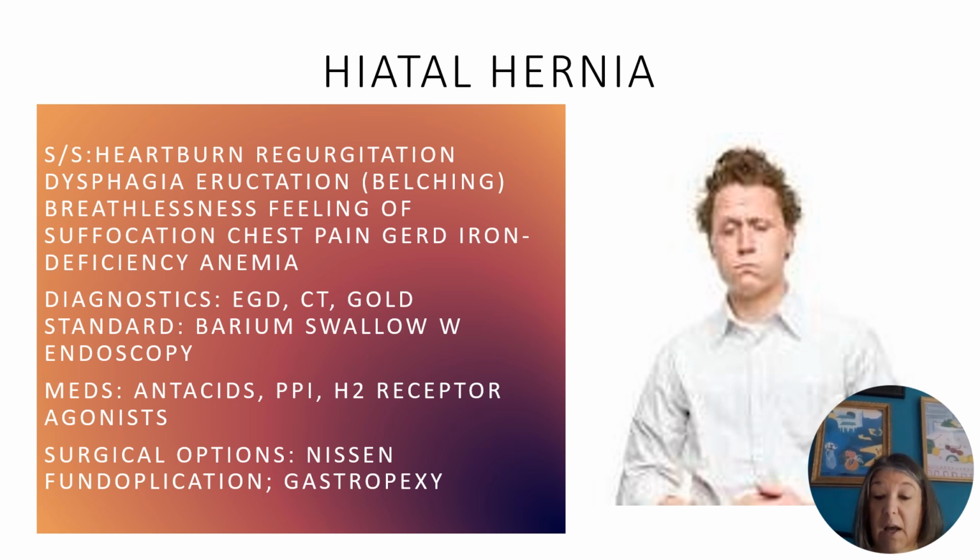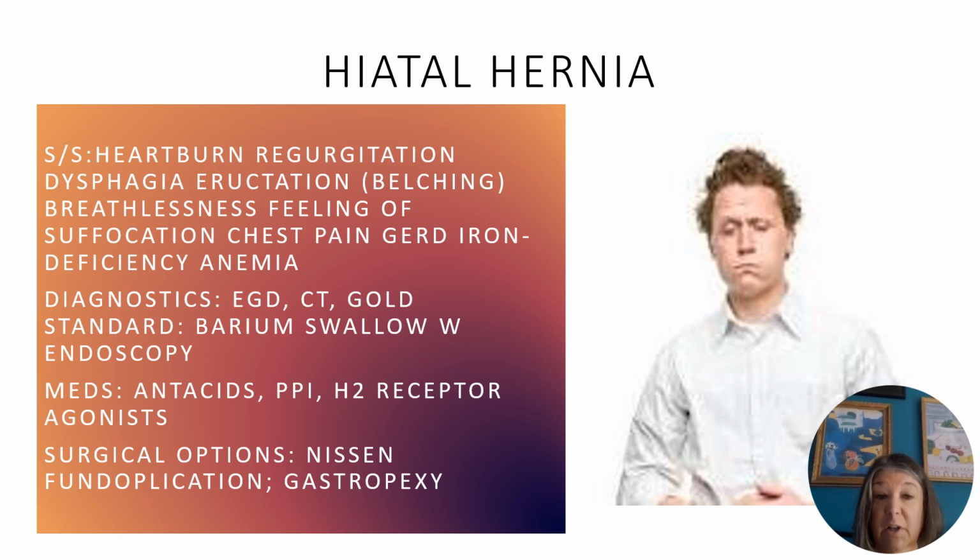But acid is super irritating. So if the mucus lining is irritated, we need to calm down that acid production. So you're going to use antacids, Mylanta, Maalox, Rolaids, Tums, all that sort of stuff. PPIs, H2 receptor antagonists, all of that stuff for GERD.